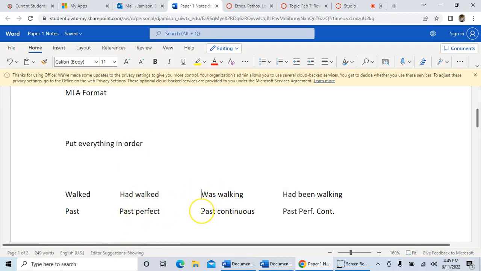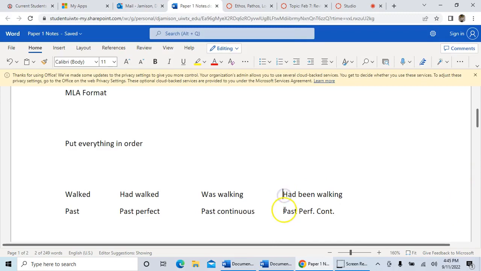And then past continuous is something that is happening when the story begins, or when this part of the story begins. I was walking to the store and I crossed the street. Was walking, past continuous. Crossed is past. So you're saying this is something that was happening and then this happened.